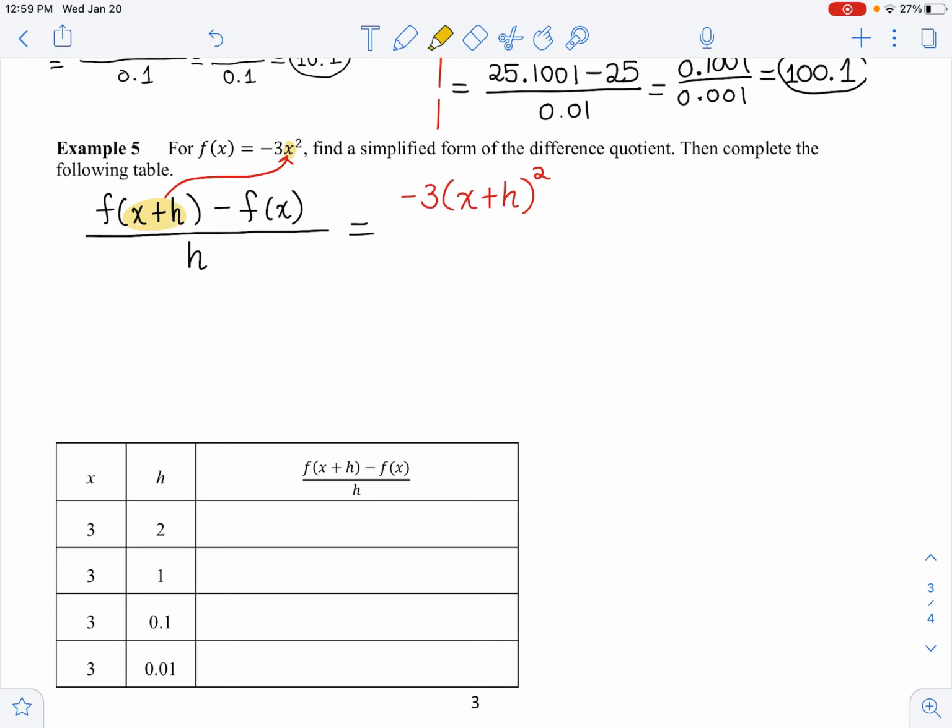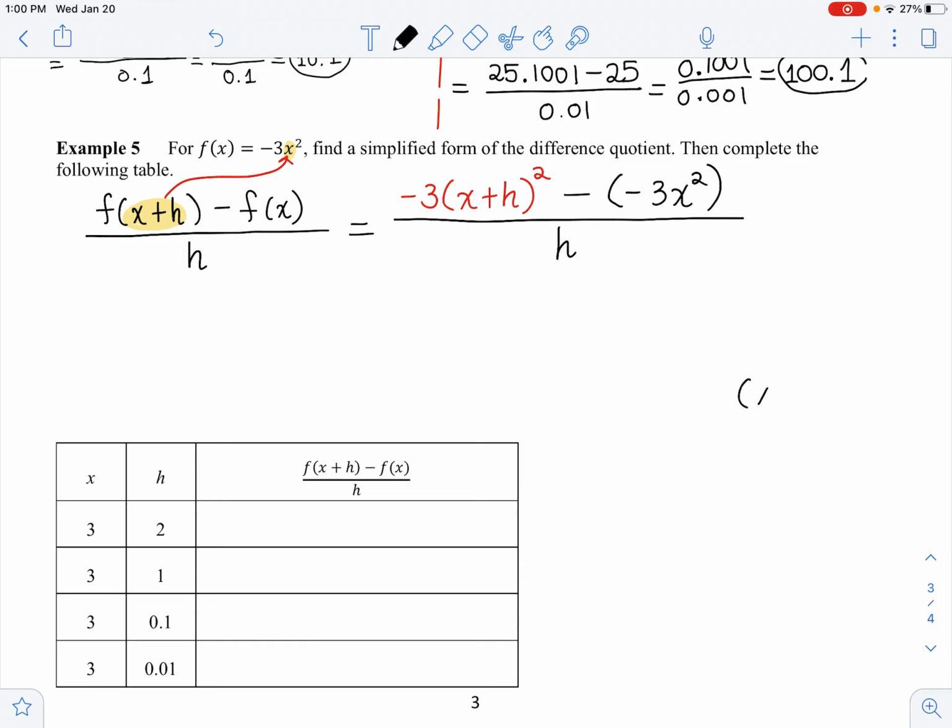I replaced that x by x plus h, and everything else is the same. Now writing down the rest of it, minus f of x, right? What's f of x? F of x is negative 3x squared. Okay, and all over h. I need to simplify this.